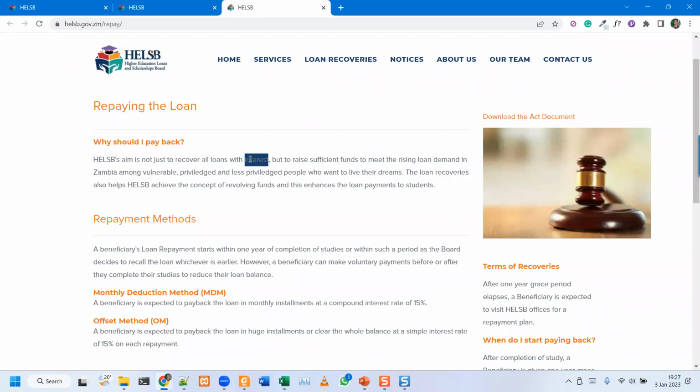First of all, the value of that would have depreciated due to inflation and so many things. But mostly also because there's a significant rise in terms of meeting the loan demands for people who want to go study, specifically in this case, in universities. So university is not cheap, guys. It is really, really expensive.